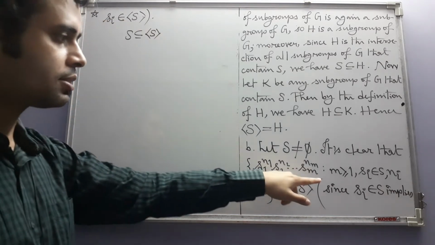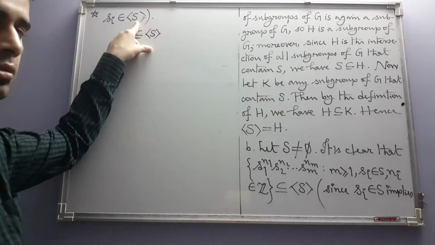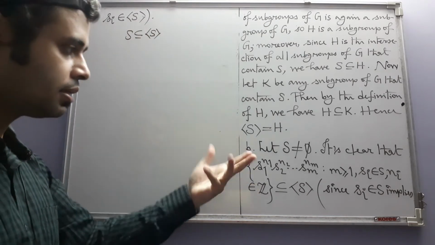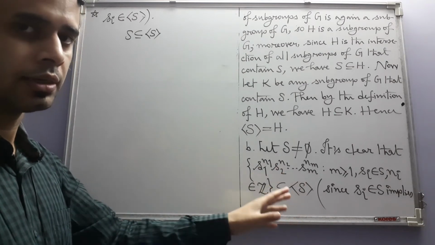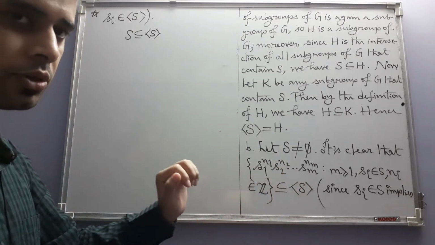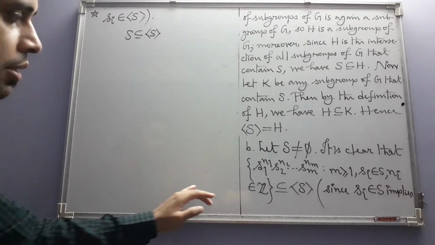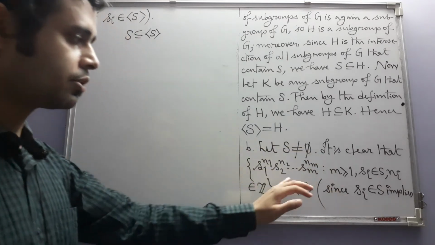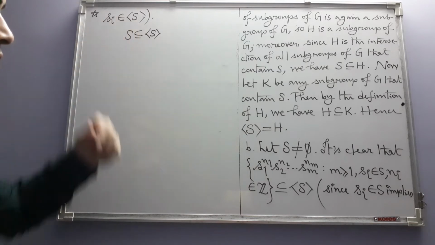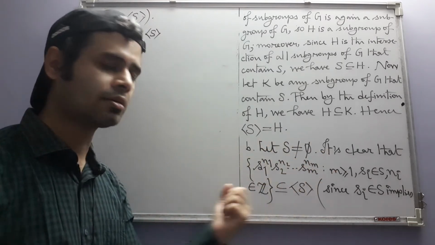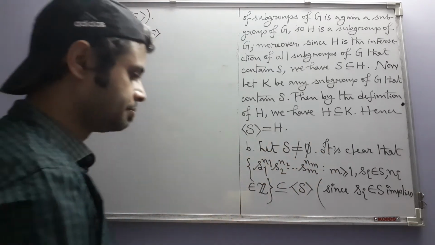So each Si belongs to this. So their integral powers will also belong to this, because this is a subgroup and it is closed under the formation of products and integral powers, and products of those integral powers will also belong to this, and hence this is a subset of this.